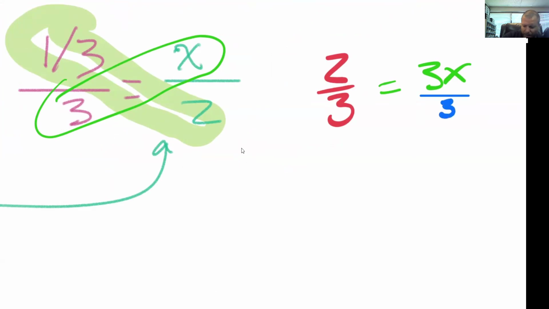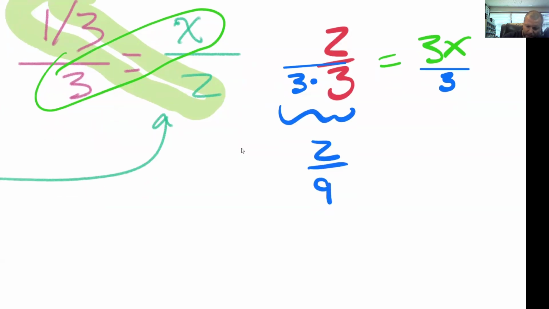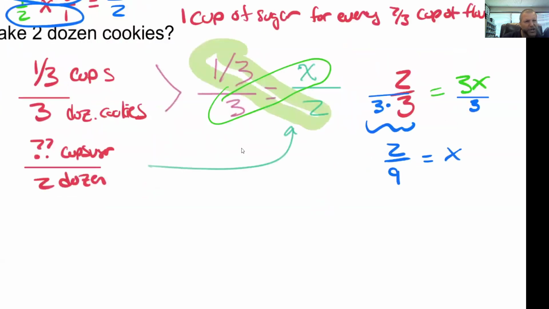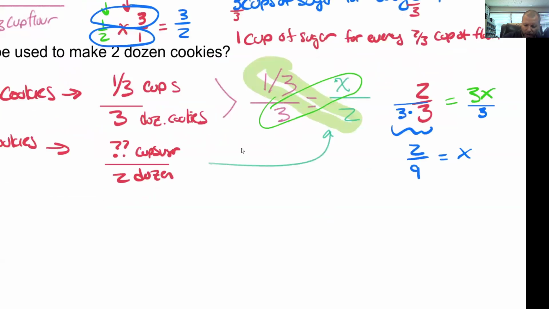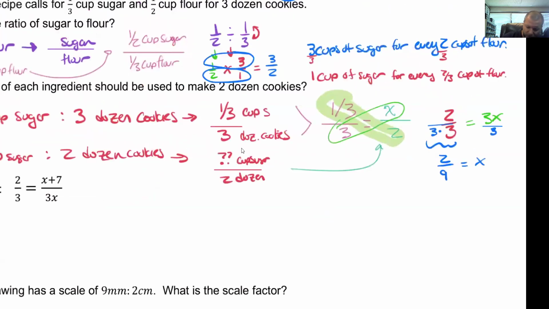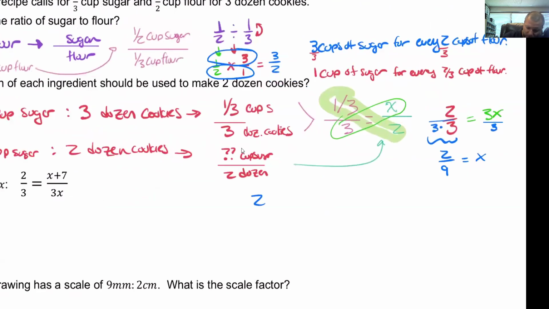So we would have to divide this side by 3 as well. And so we're going to get 2 over 3 times 3, which is 2/9 equals x. Just make sure we remember what we were looking for. This x represented cups of sugar. So to make 2 dozen cookies, we'd have to use 2/9 a cup of sugar.